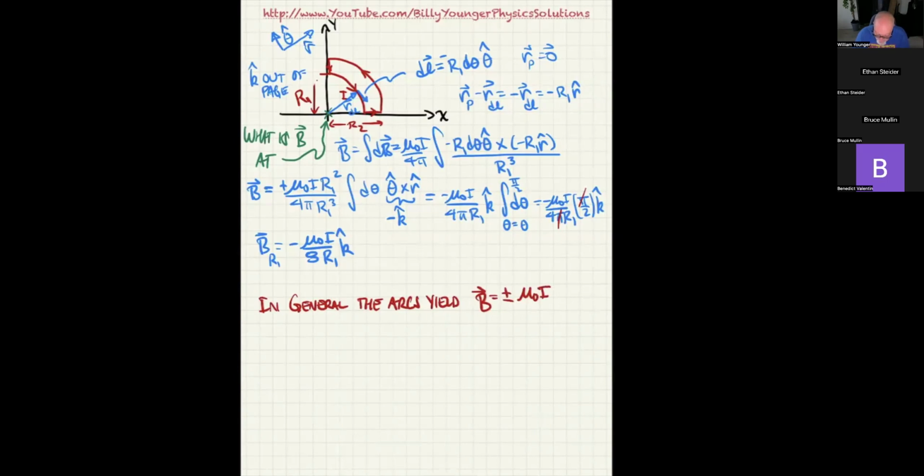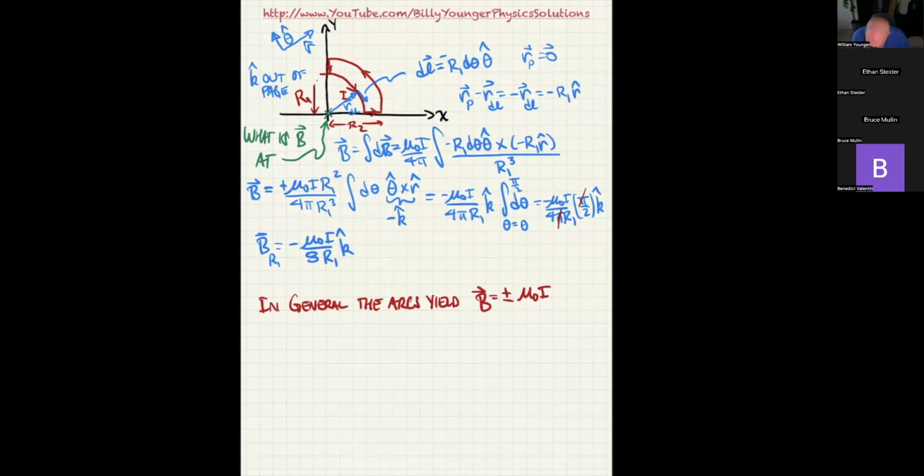So for instance, when you do the R2 radius one, that's going to cause a magnetic field that points out of the page, and that's the positive k hat direction. So you'd use a positive there. The one for R1, that actually pointed into the page, so you'd have to use a negative for that one.